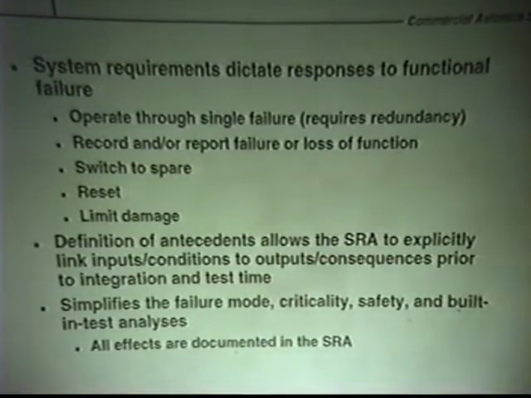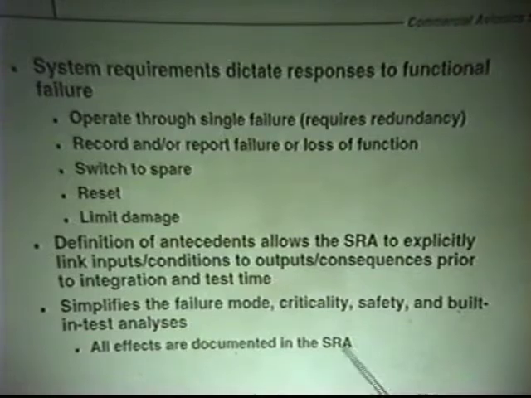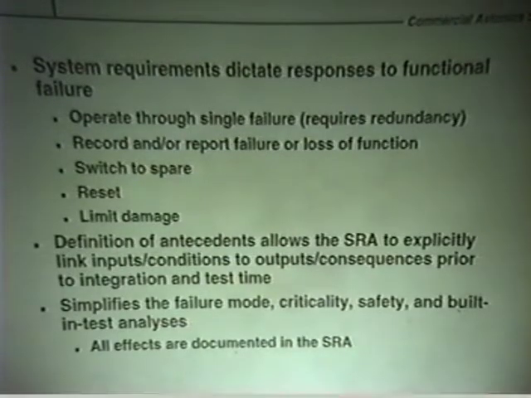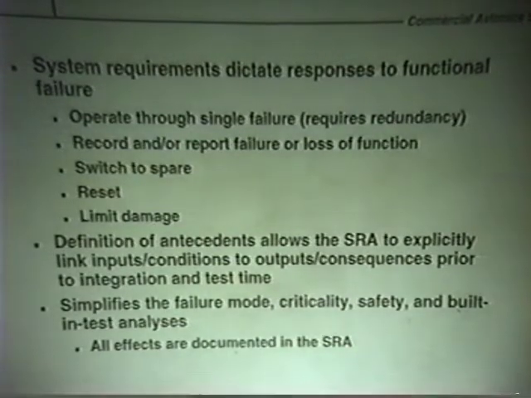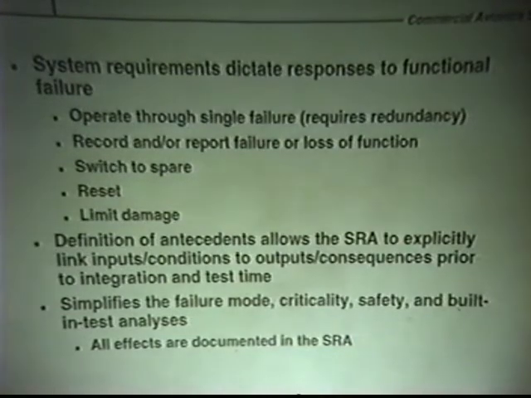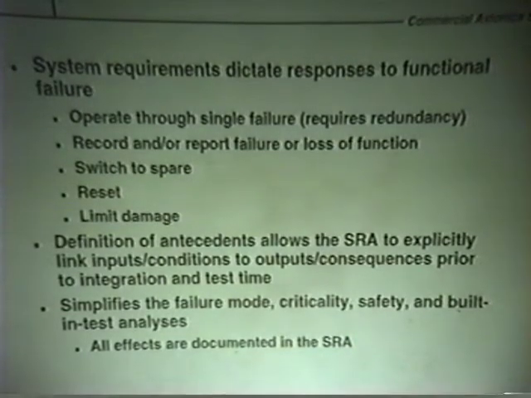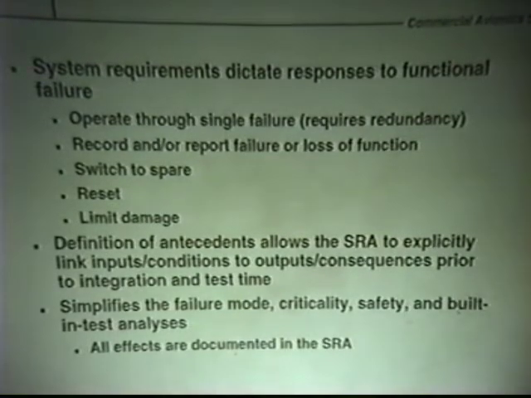The advantage here is now we've documented all this stuff in the system requirements analysis, and it's available for everybody. The reliability people, the built-in test people, the safety people, and the certification people. Everybody gets a stab at it because it's now in this database.